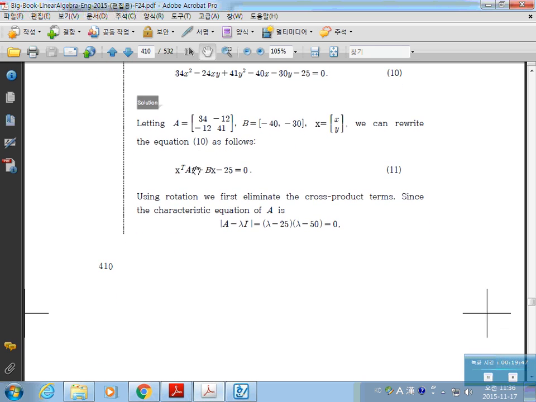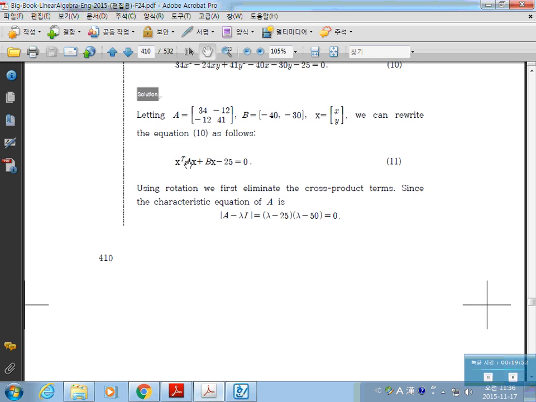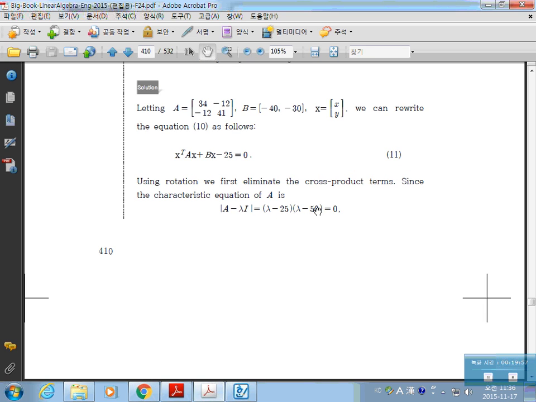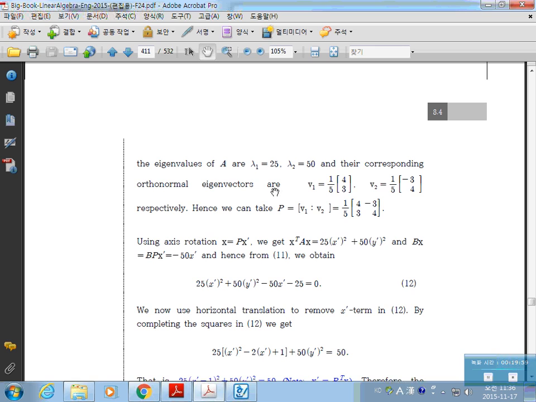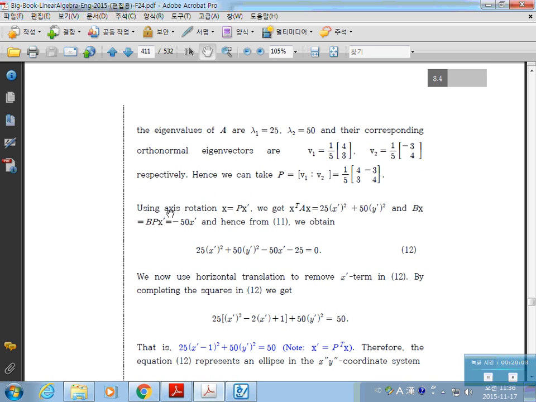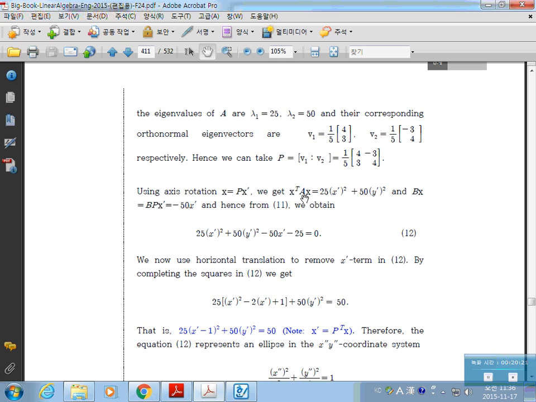So now you concentrate on this quadratic form part. From here, you can find the eigenvalues of this matrix, 25 and 50, and find the corresponding normalized eigenvectors V1 and V2, and form a matrix P whose column vectors are V1 and V2, like this. Then we use the rotation with this substitution x is equal to Px prime, which means x prime is equal to P transpose x, and x transpose Ax can be written in this way.